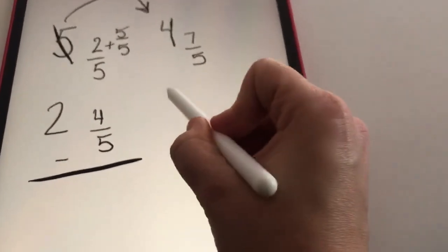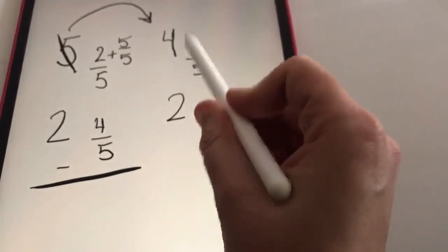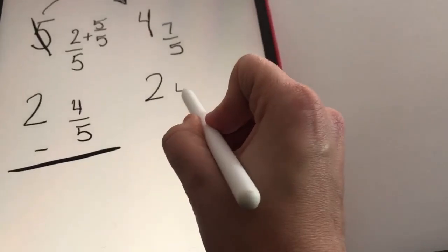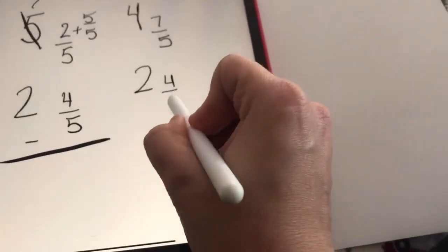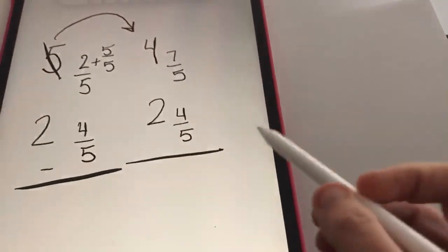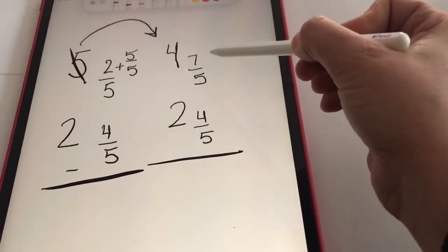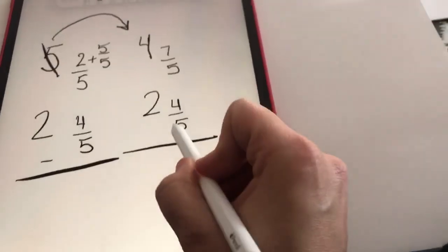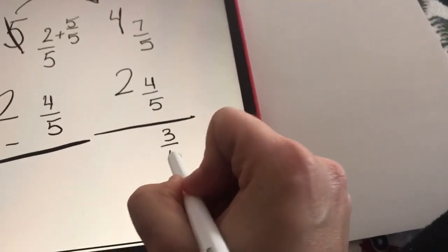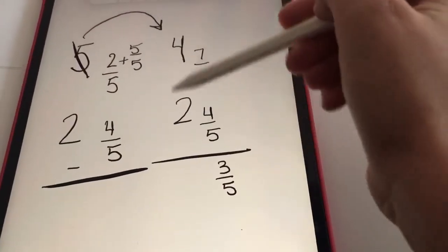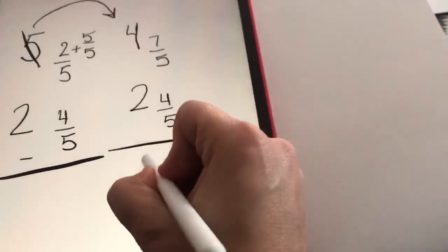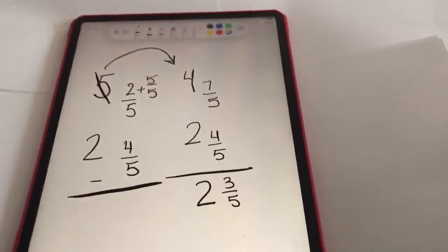Now I can subtract 4/5 from 7/5. 7/5 minus 4/5 equals 3/5. And 4 minus 2 is 2.